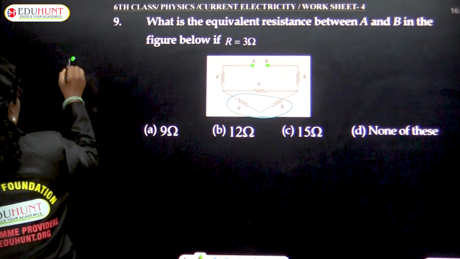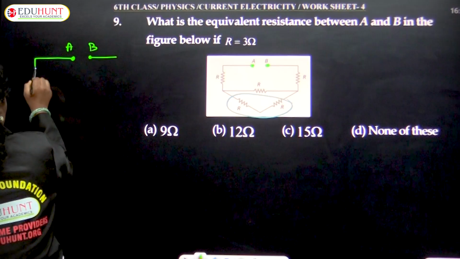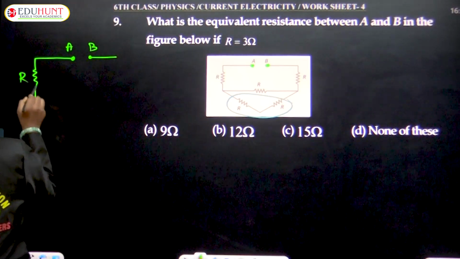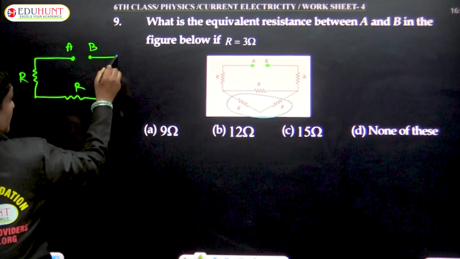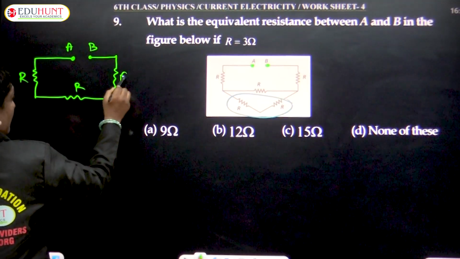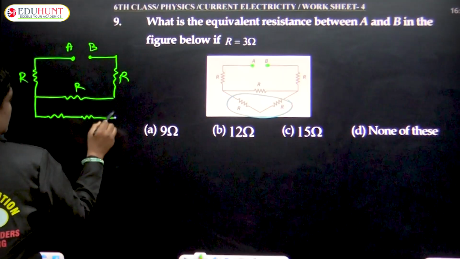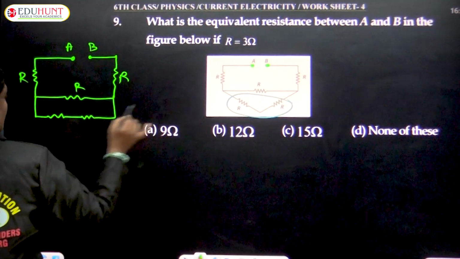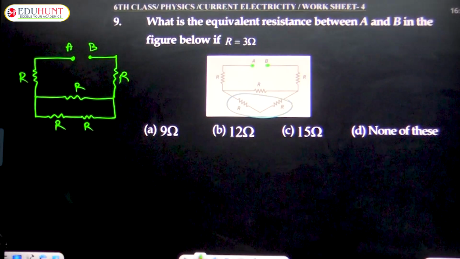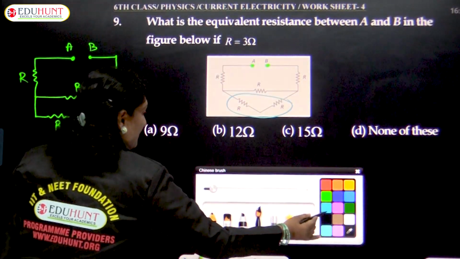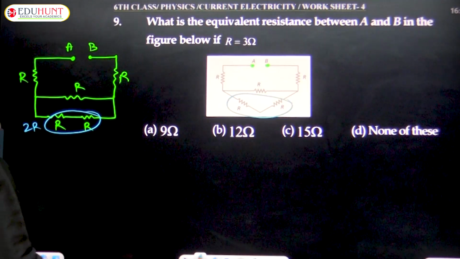Here it is your A, here it is your B, one single resistance R, and at the bottom two different resistors are connected in series. First one is R and second one is R. So, these two are connected in series. The combined effect will be R plus R, which is 2R.